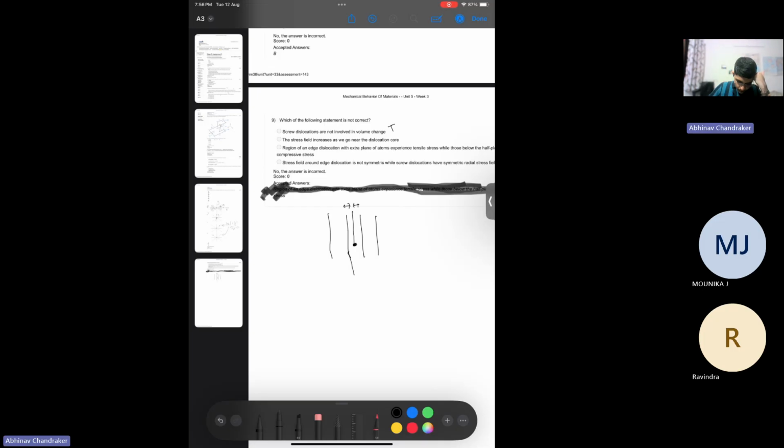Here the bonds will be slightly closer to each other compared to the equilibrium value, and here slightly farther than the equilibrium value. This drawing is also not good actually, not at all to scale, but I hope you get the gist.